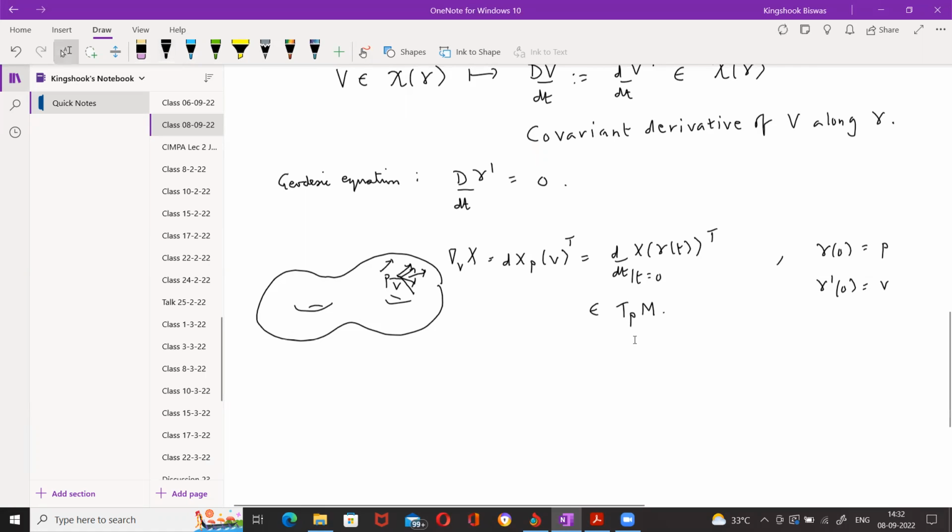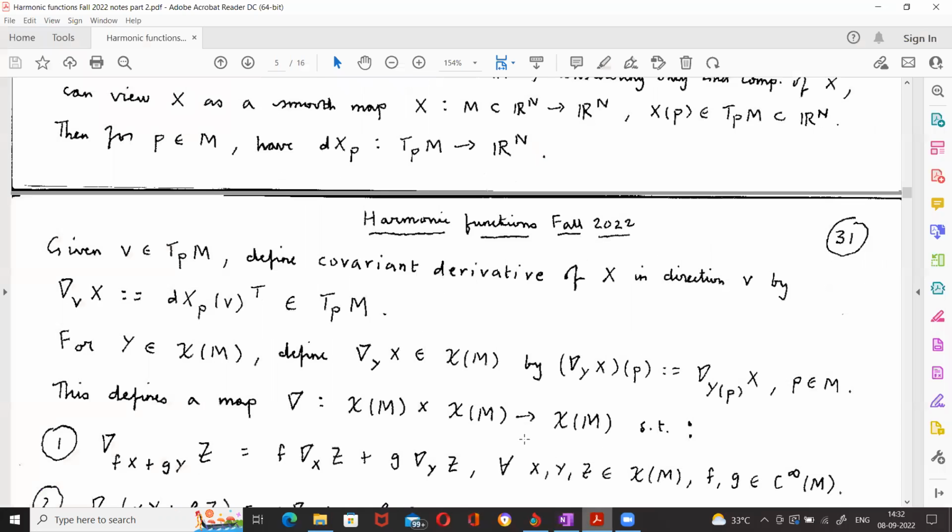And so now once you have the covariant derivative of a vector field with respect to a tangent vector, we can also define the covariant derivative of a vector field with respect to another vector field Y. So if Y is another vector field on M, you define nabla sub Y of X. This will again be a vector field on M. What is its value at a point P?